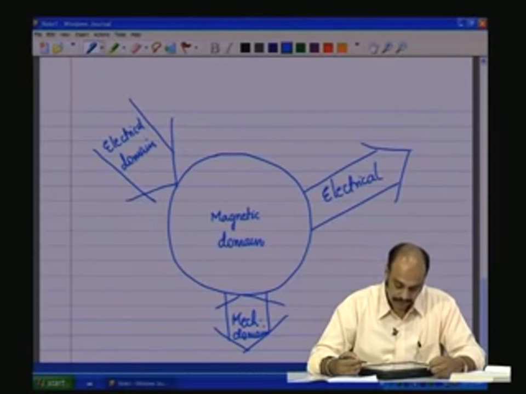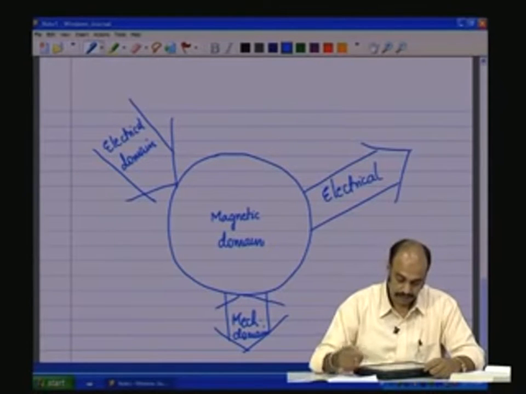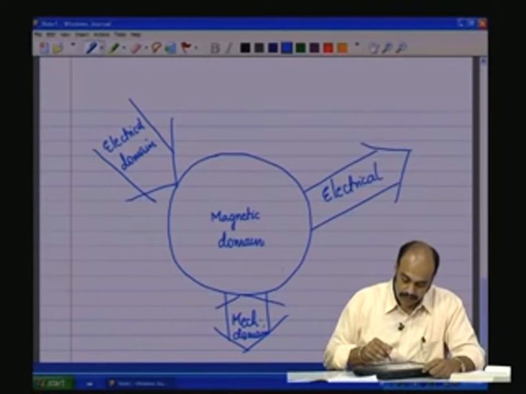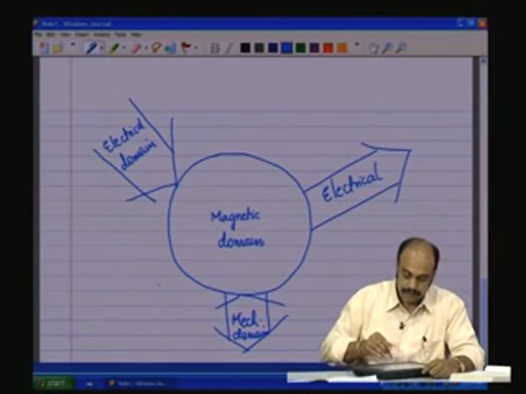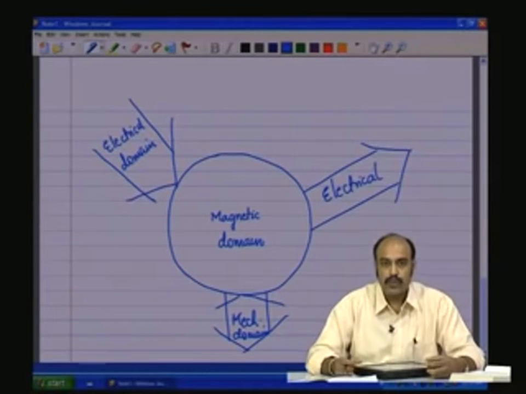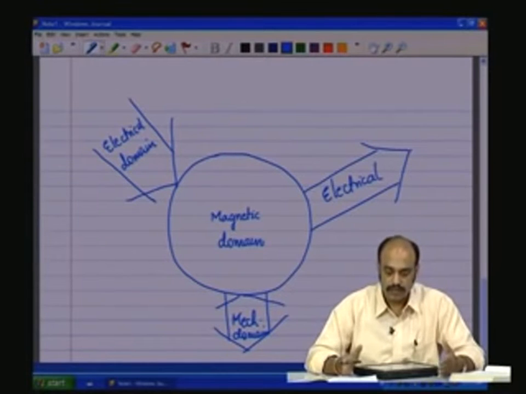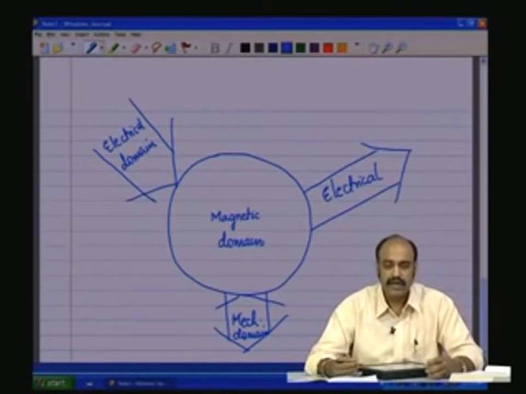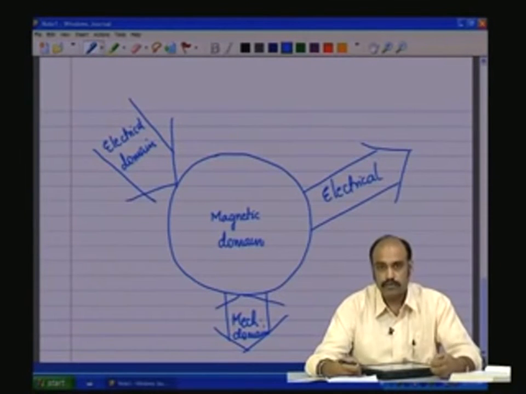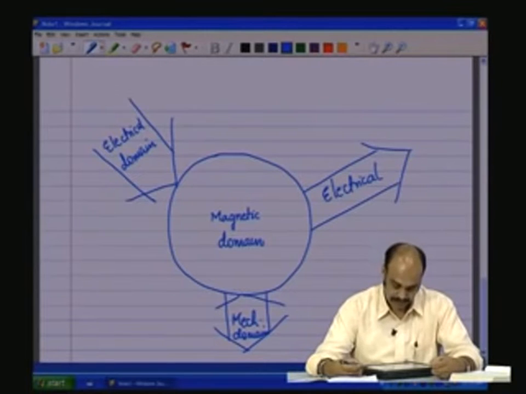All these are possible. So, the central mechanism which makes possible the conversion between many of these domains is the magnetic domain in the case of most of the electrical equipments.